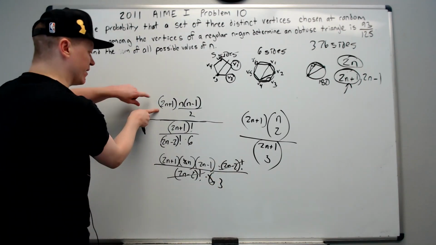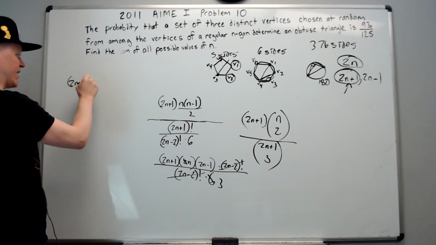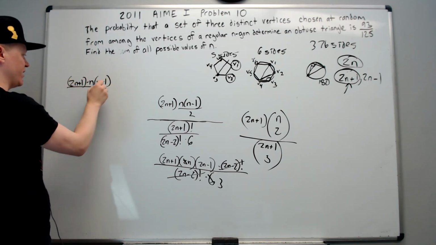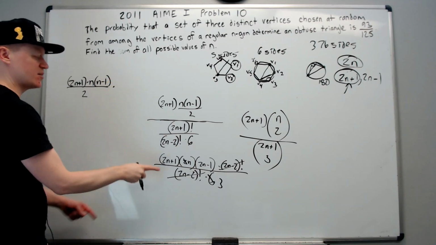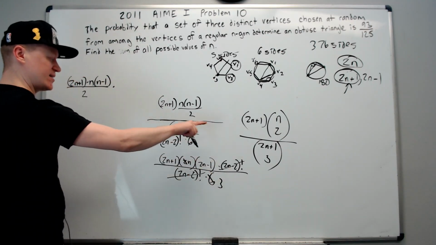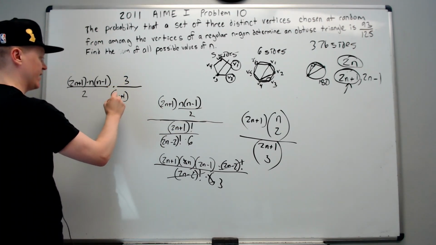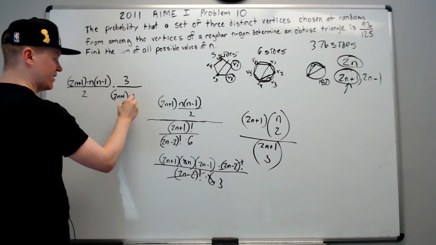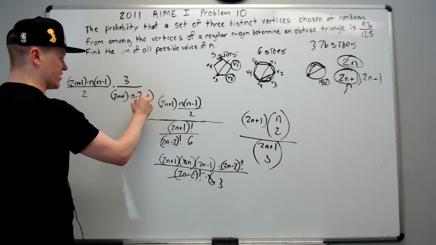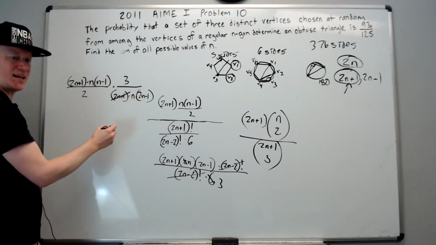Back up here. My numerator is 2n plus 1 times n times n minus 1 over 2, times the reciprocal of the denominator. That's going to be the 3 now on top over 2n plus 1 times n times 2n minus 1. And this is going to work out great because this is going to cancel with this.